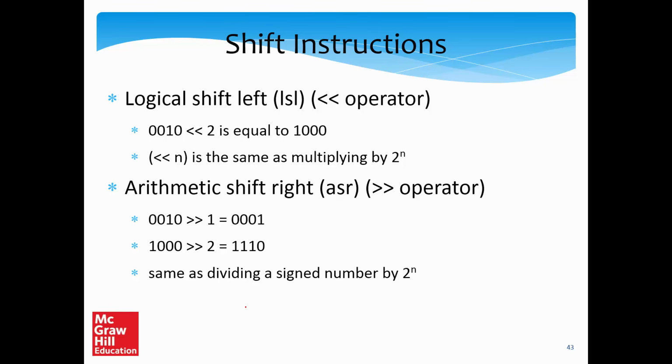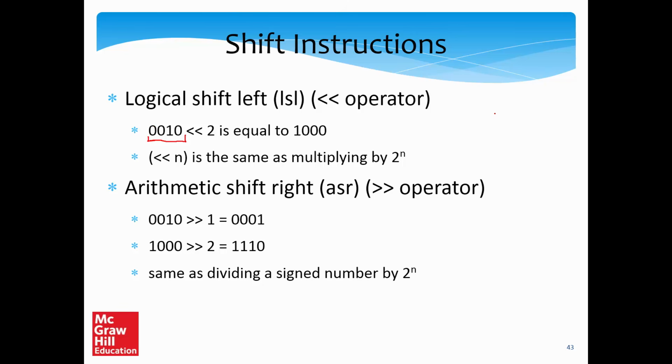So let's move ahead and introduce some more instructions that are required. Let's discuss the shift operations. Let's first discuss the left shift operation. Consider the number 0010. If we left shift it by 2, every bit moves 2 positions to the left.